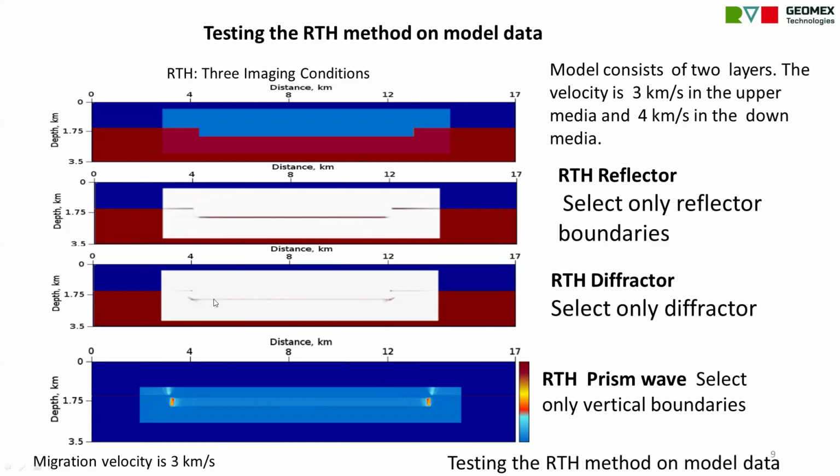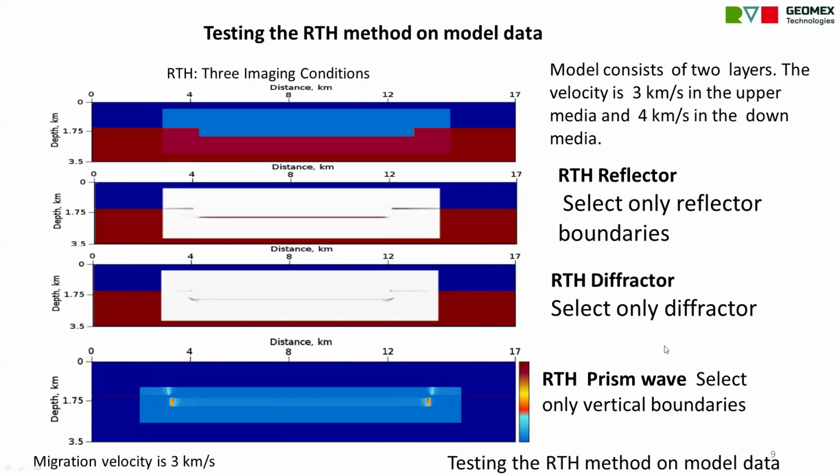For example, only diffraction. Select only diffraction, point diffraction. Or maybe, for example, the RTM prism wave. We want to select the RTM prism wave. It's no problem. It's only a vertical line. Yeah, it's more than 10 years ago.